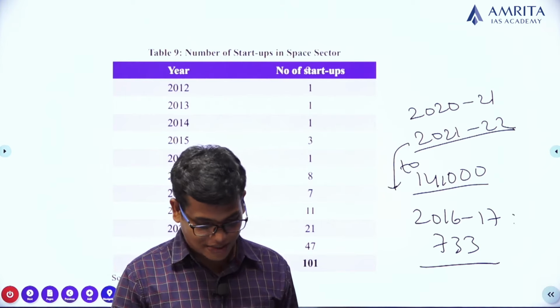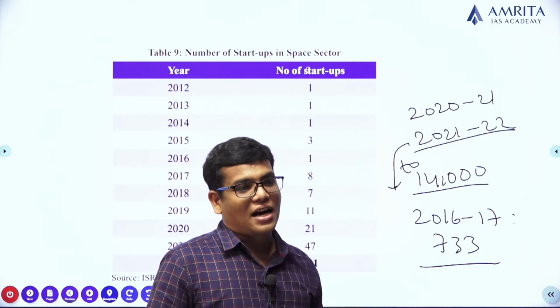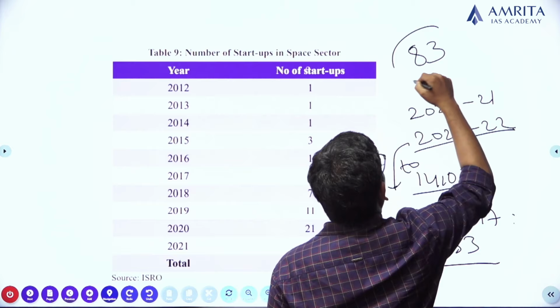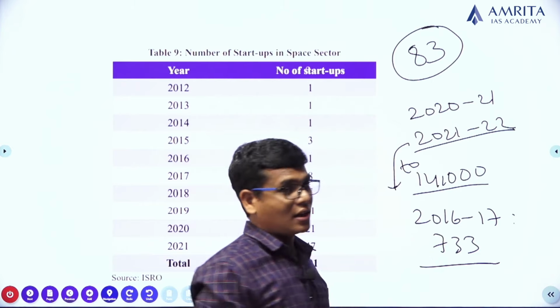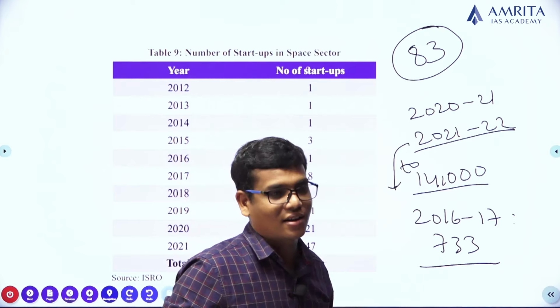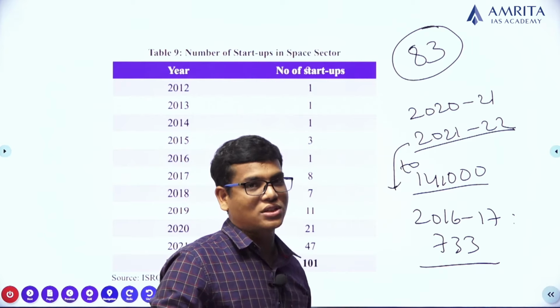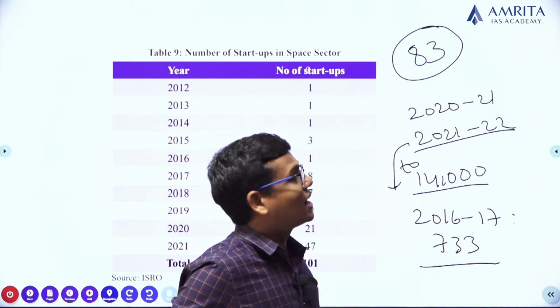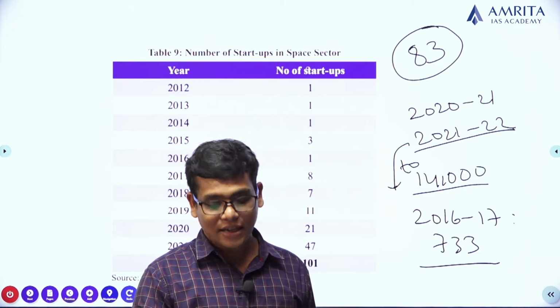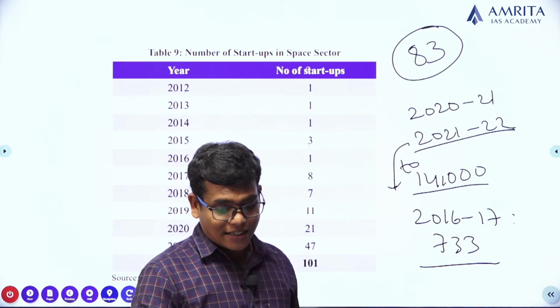Now in this, a total of 83 unicorns were there. A lot of times the Prime Minister of India is also saying this word, unicorn. Unicorn means a startup whose value has crossed the $1 billion mark, that is 100 crore dollars.